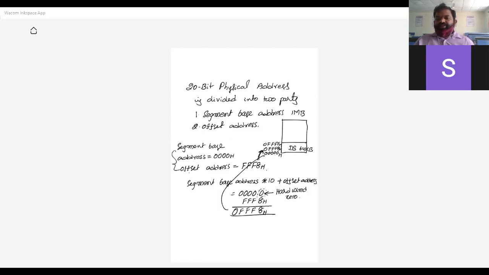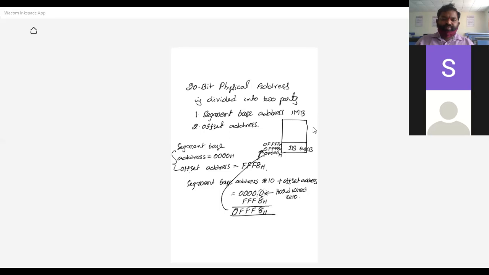Is everyone active? Yes, sir. Just see why I was telling you MPMC is one of the tough subjects. You can understand the situation now. If you are unable to understand just 1 MB RAM and how the addressing works, then it will be very difficult for upcoming contents.